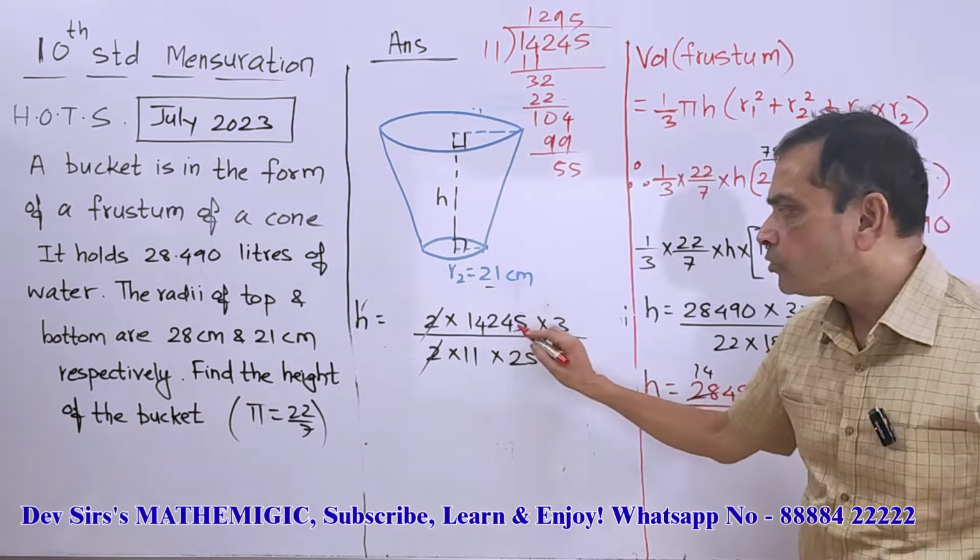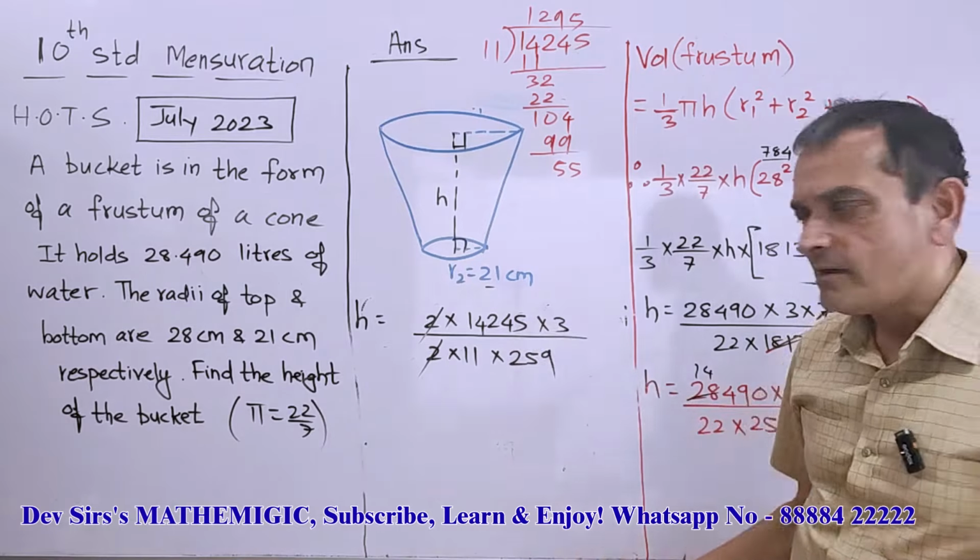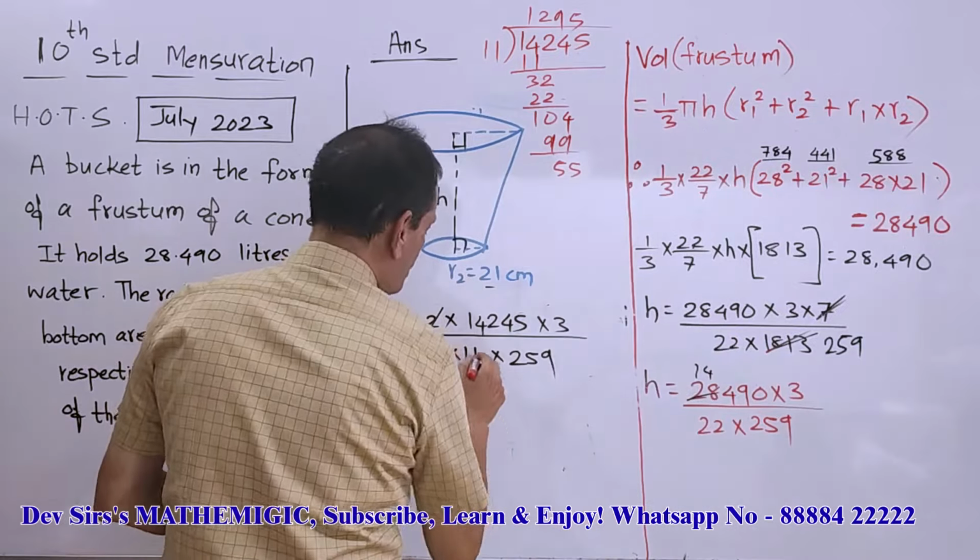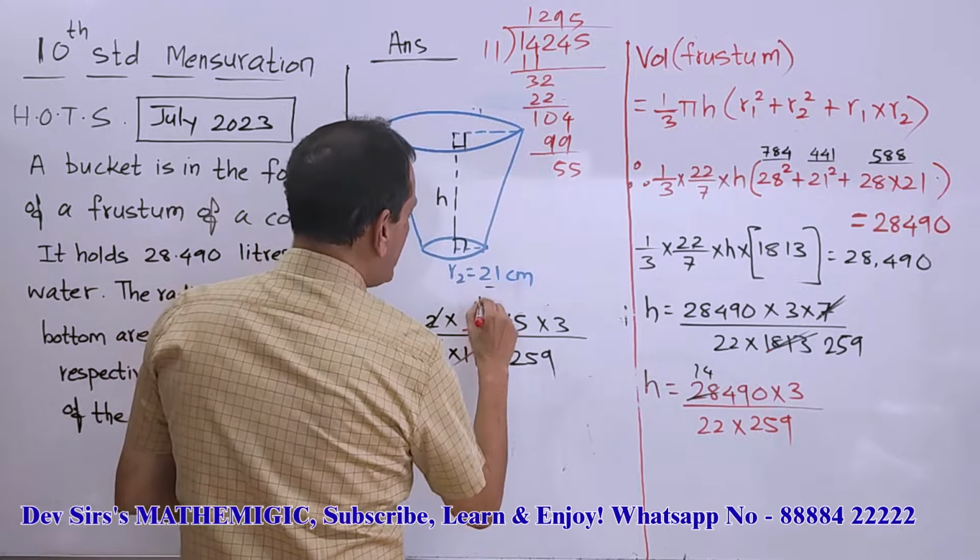So when I divide 14245 by 11, what am I getting? 1295.